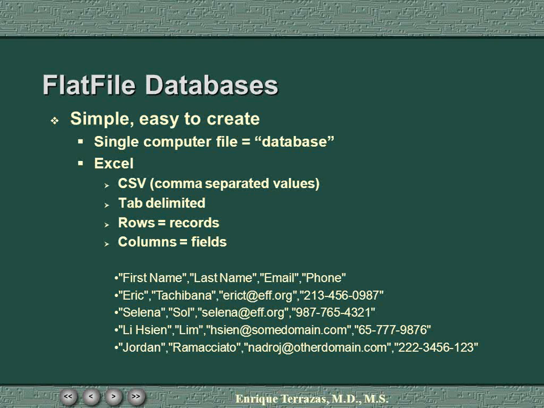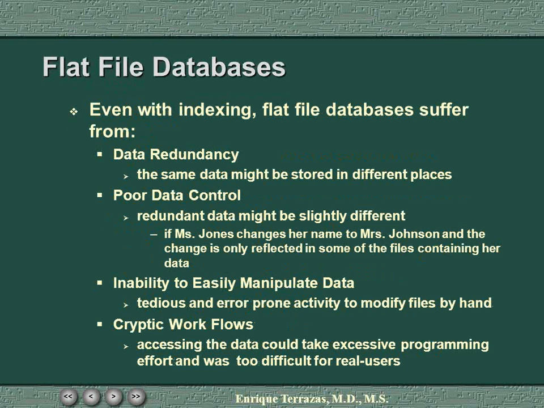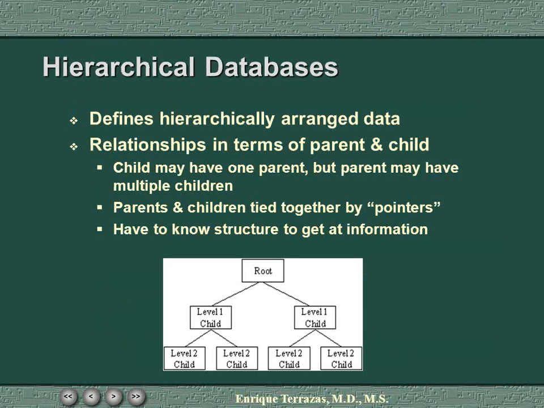Typically, these are like Excel files where you can have columns of information, and you can list them all in a file. The problem is that they're inefficient. You can make them a little bit more efficient if you tie an index to them, but they're still very inefficient. You can have data redundancy, poor data control. You can't easily manipulate the data, and because of all this, you can have cryptic workflows.